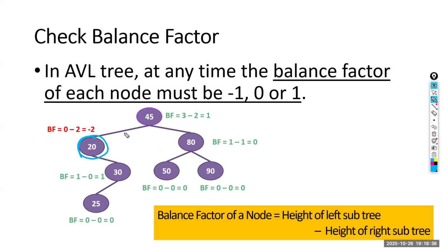Sometimes there can be more than one node which is unbalanced. So we always check the balance from bottom to top. Therefore, if this is not balanced and this is not balanced, we fix here, not here. Then if it is still not balanced, only then you come and fix it here.